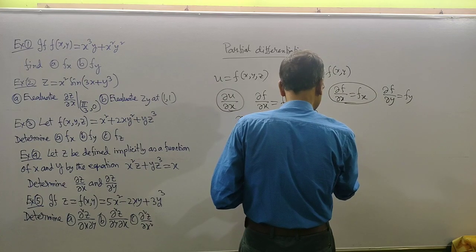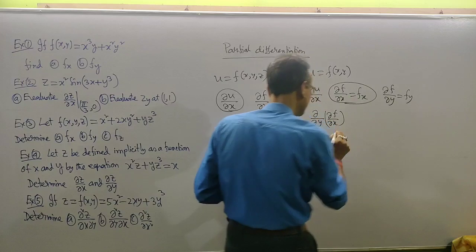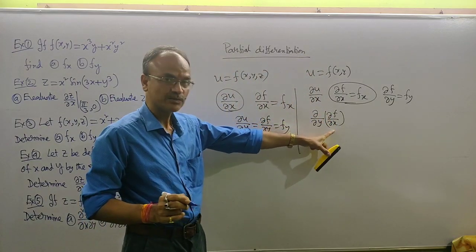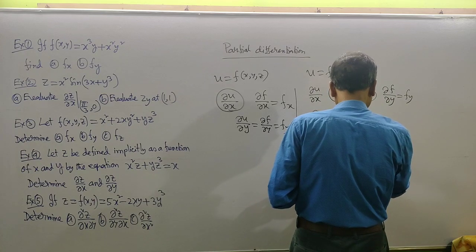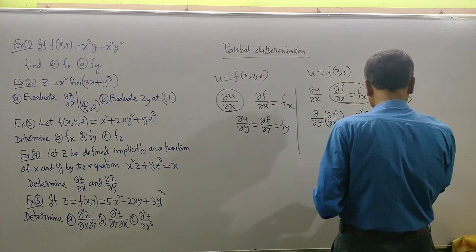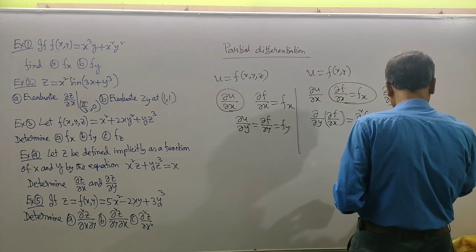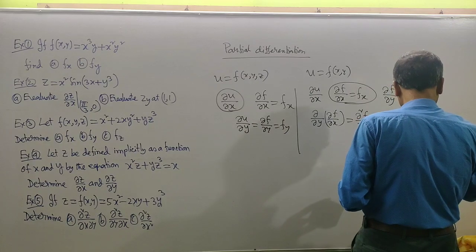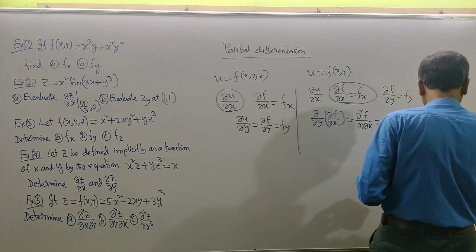Suppose you are going to differentiate del f by del x with respect to y, then we will write it as del 2u by del y del x, or sometimes we write it as del y of fx. It is written as f of xy.